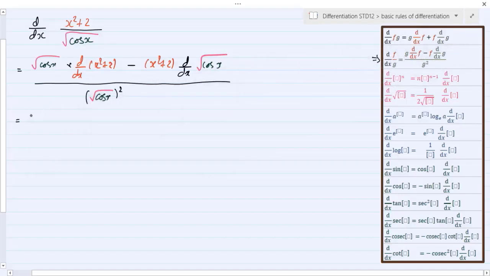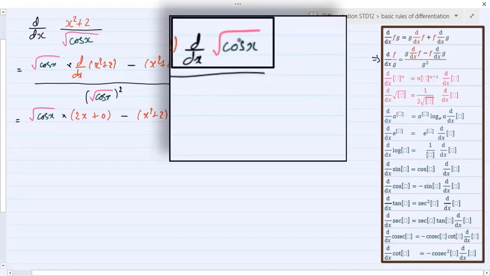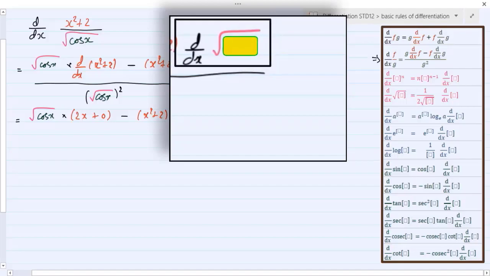Now let's simplify. In first step, your root cos x is as it is. Differentiation of x square plus 2 is 2x plus 0, minus your x square plus 2 will be as it is. To differentiate under root of cos x, we have to consider box around the cos x.